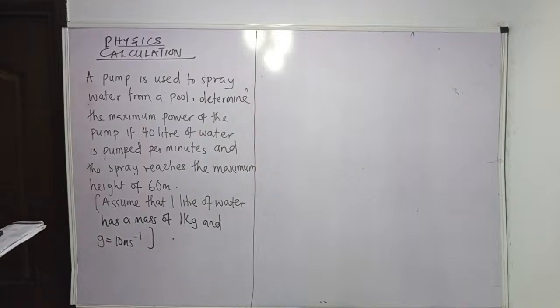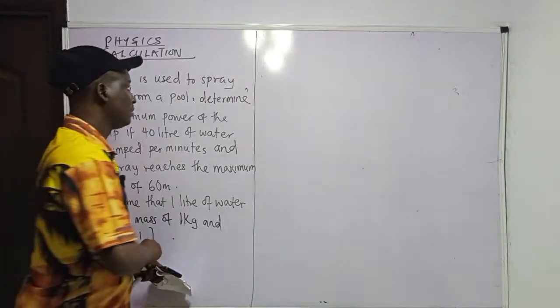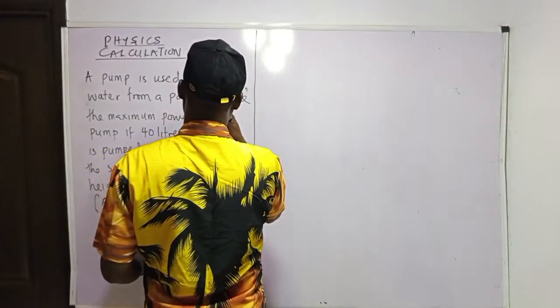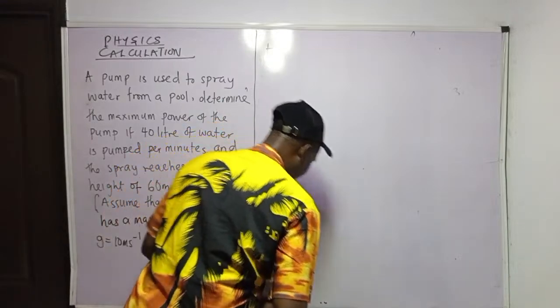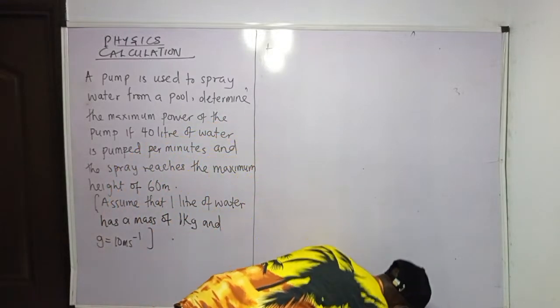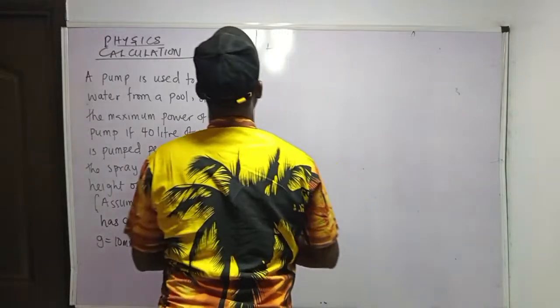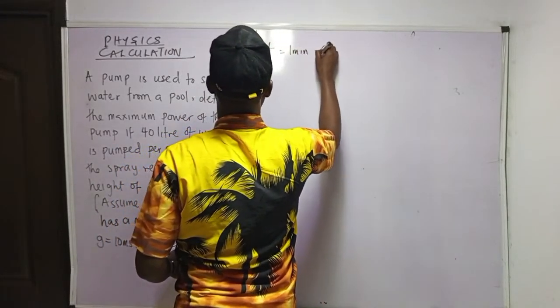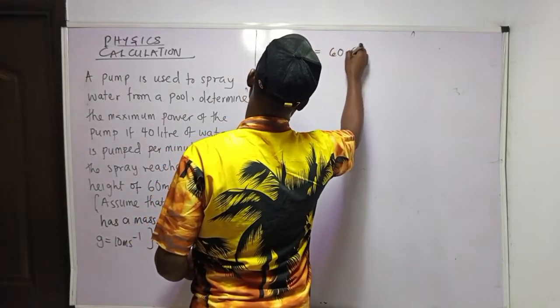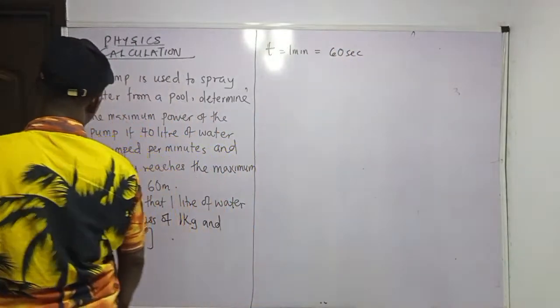That means the time given to us is 1 minute, which is 60 seconds.